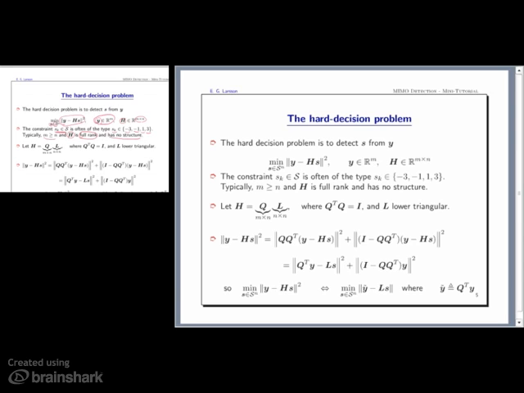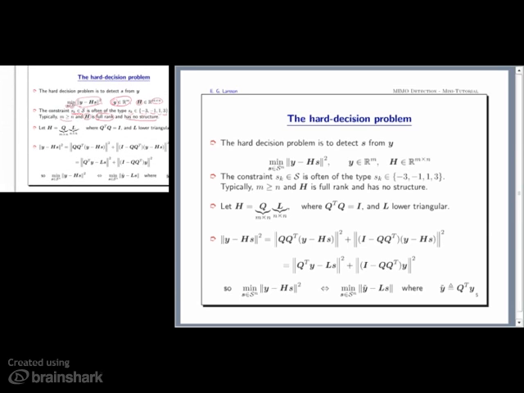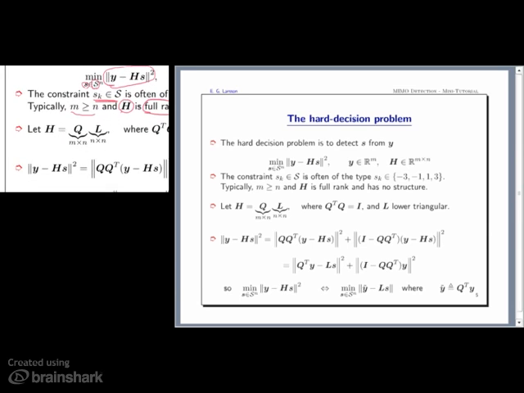All right. So the first thing we're going to use here is that we're going to decompose H by using something called the QL decomposition. So we'll be writing H as a product of Q times L, where Q is m by n. So Q is a tall matrix, and L is n by n. So L is a square matrix.